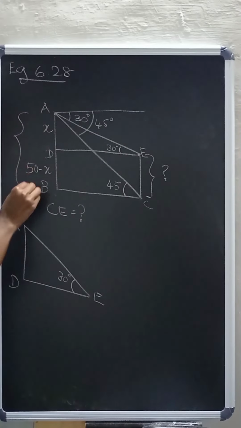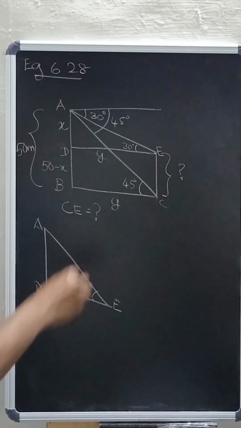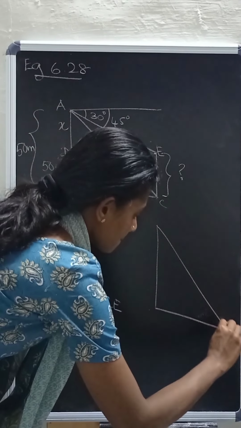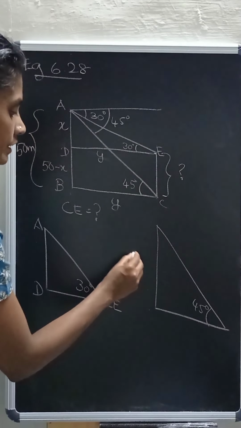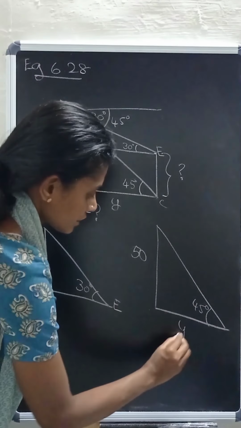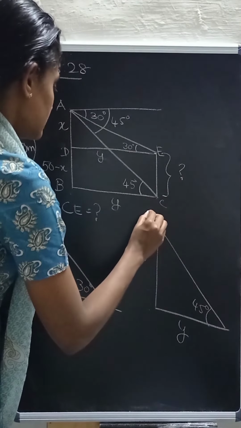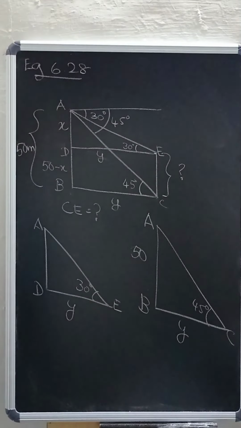The height of the tower is 50 meters. Another triangle is angle 45 degrees. Here it will be 50 meters, the height of the tower, and this is y. Here also y. So take this as A, B and C.